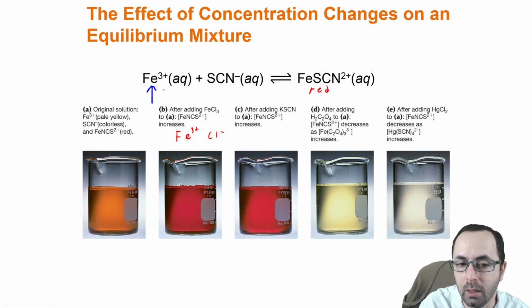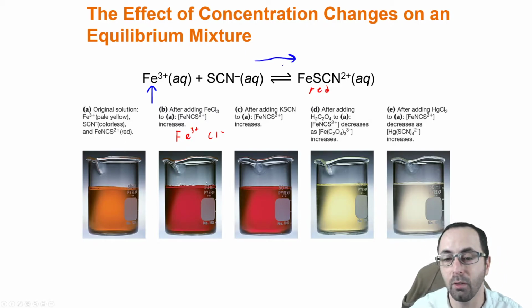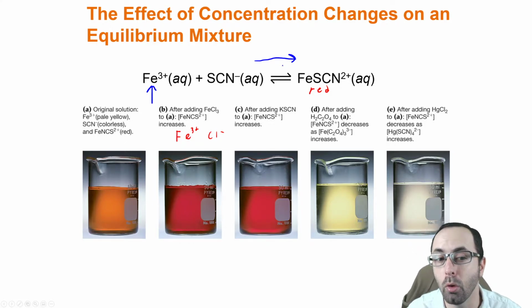We're putting in more of the reactant and increasing its concentration. Now to correct this stress, the reaction has to move forward, or to the right, as we say. So equilibrium shifts to the right, to remove the additional iron that you've added. And the result is that you see the solution become more red.